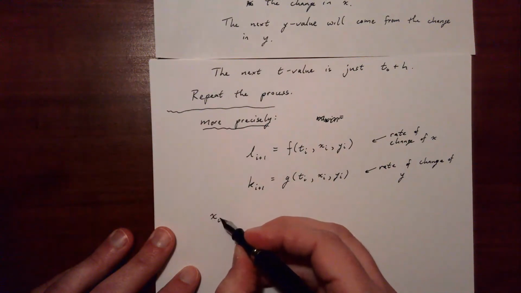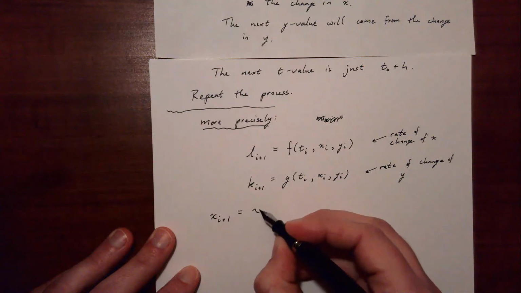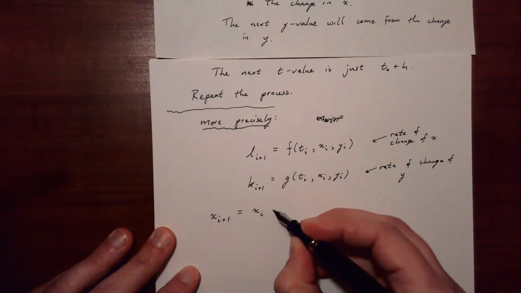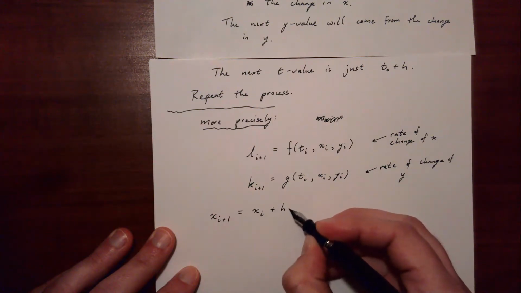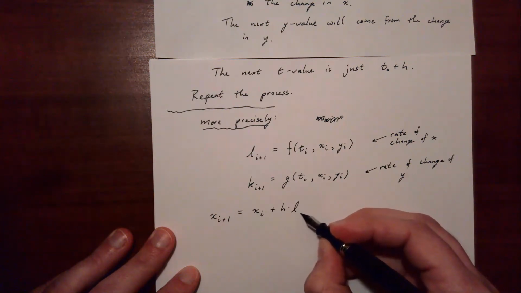The next x value just comes from taking the previous x value plus step size times the rate of change. So this is, in other words, how fast it's changing.